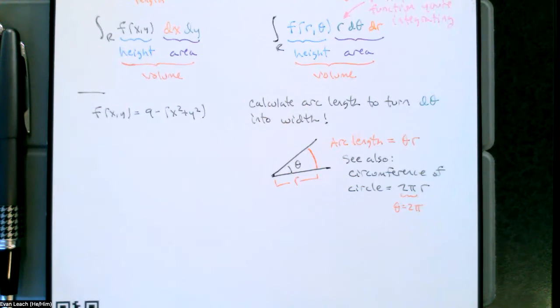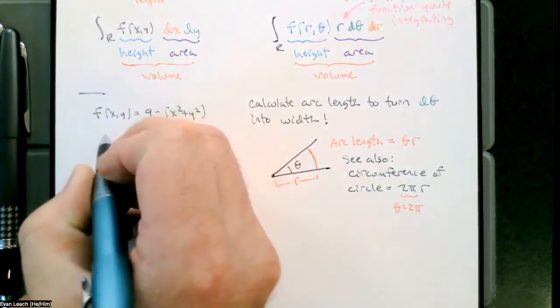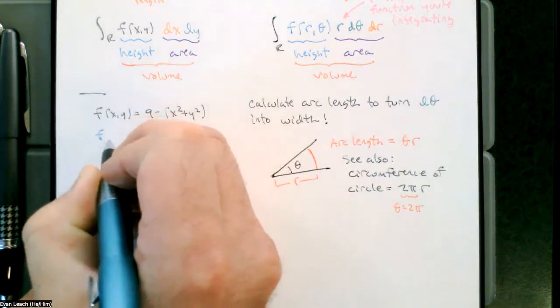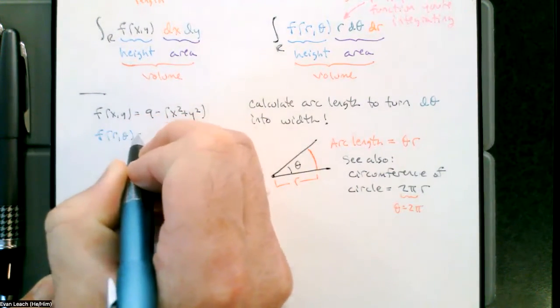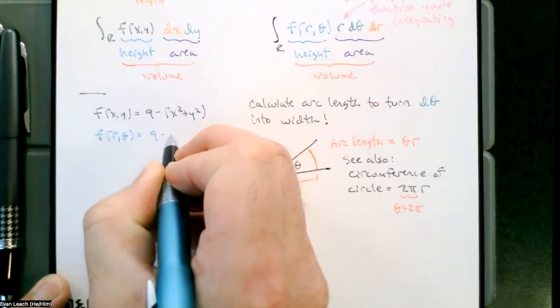Now you become aware of it, and then you start worrying about saying things properly, especially because my words speaking are getting translated into words typed. What if someone's just reading it without reading this part? I don't know. So we converted this to the function f of r theta as 9 minus r squared.